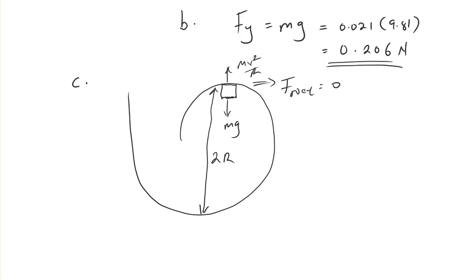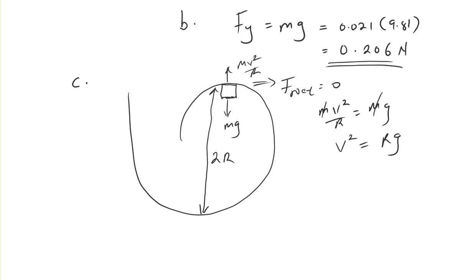So from this net force, we can find the velocity, that is mv squared over r has to be mg. m cancels m, so we have v squared equal to rg, right?